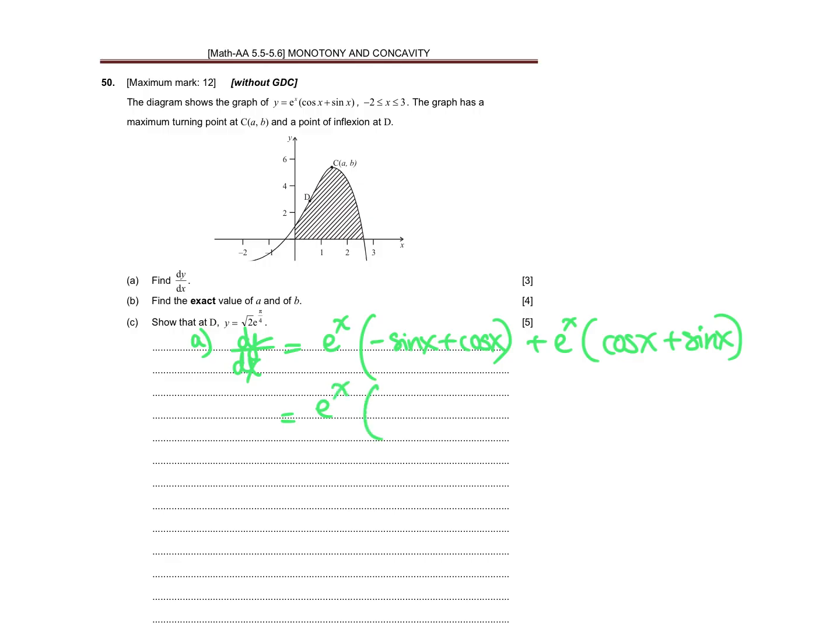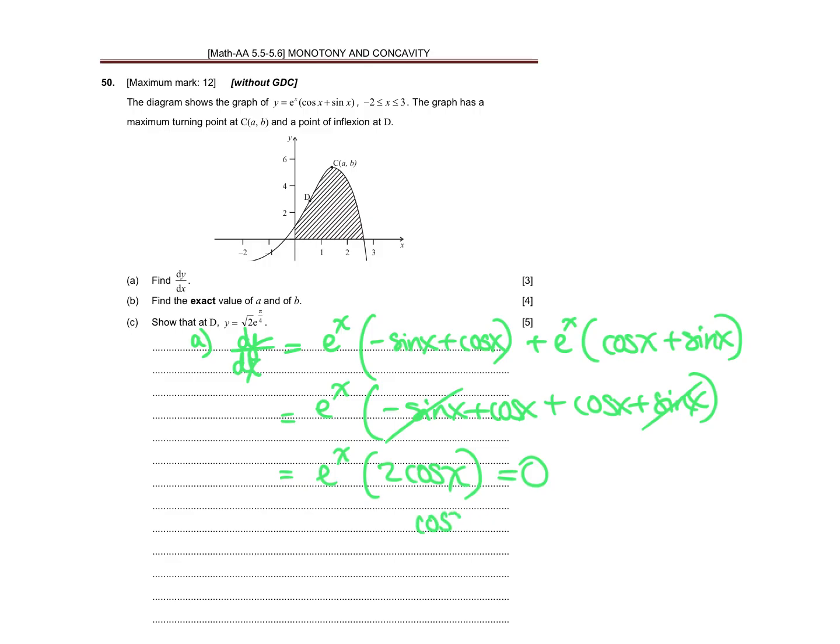So we can pull out e to the x. And this is what's inside the bracket. So those will cancel. So we have e to the x times 2 cosine x. And if we set that equal to 0, e to the x isn't 0 ever.